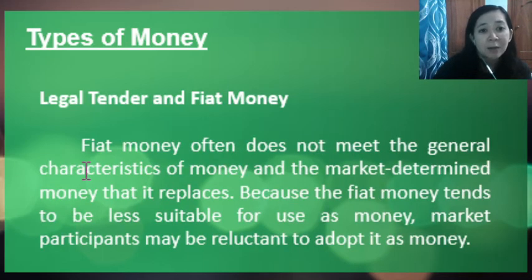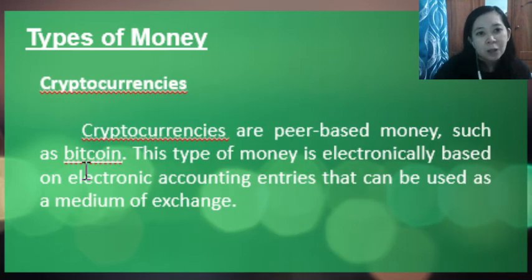And fiat money often does not meet the general characteristics of the market-determined money that it replaces. That's another difference, because fiat money tends to be less suitable for use as money. Market participants may be reluctant to use it as a medium of exchange, unlike legal tender.